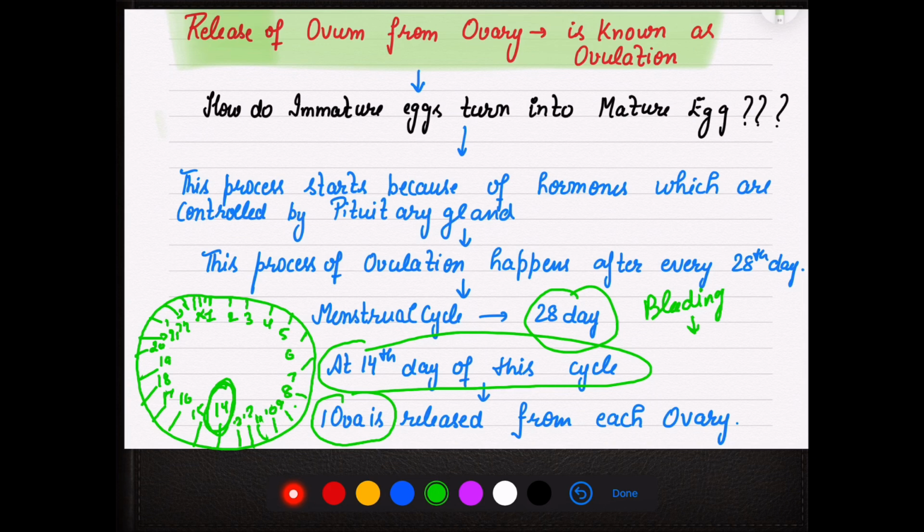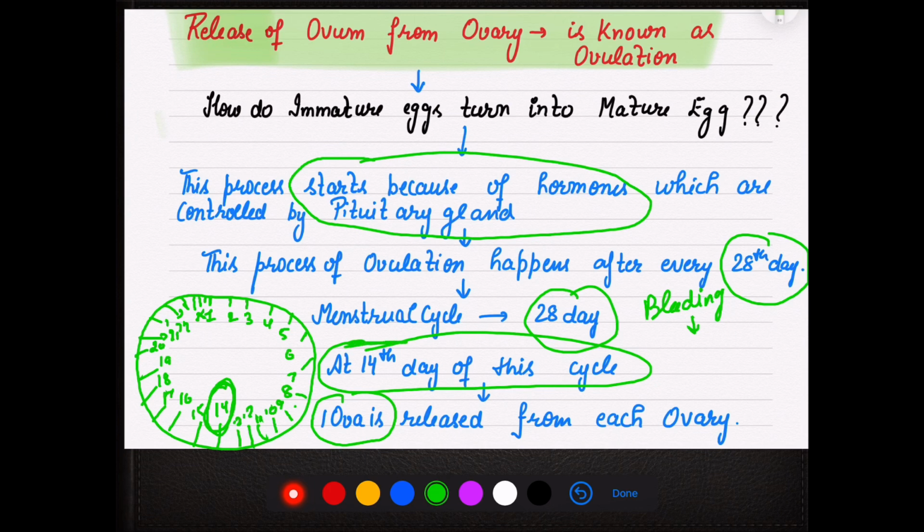So these all things happen, but right now how these eggs get matured, they get matured because of the hormones, and when they are released after every 28 days, specifically at 14th day of the menstruational cycle, right?